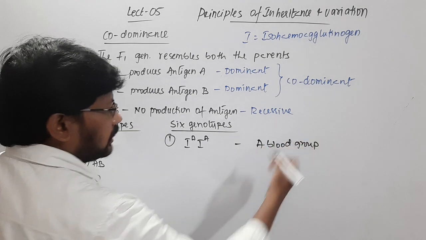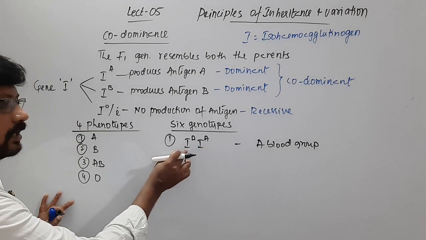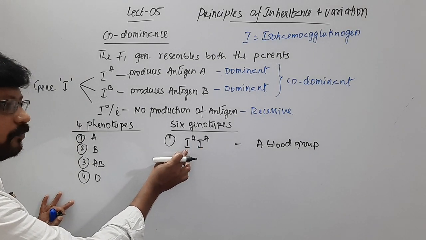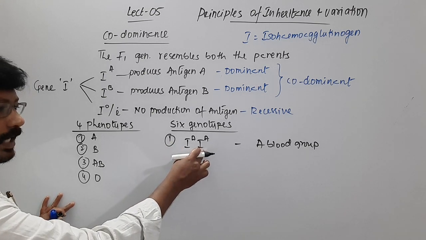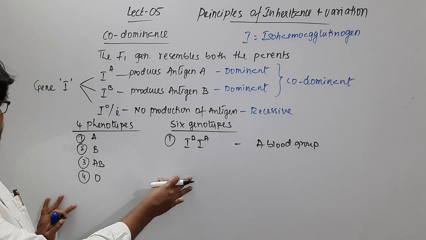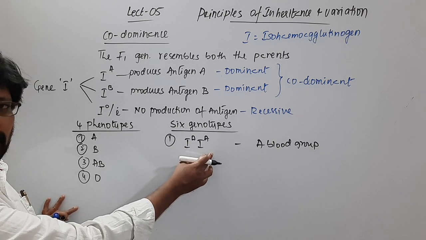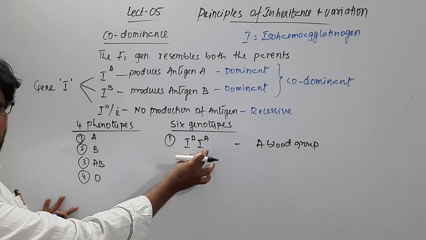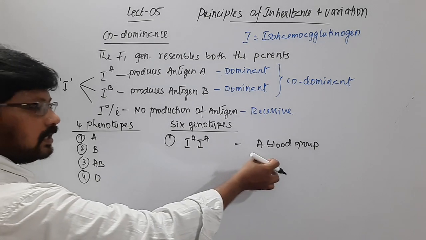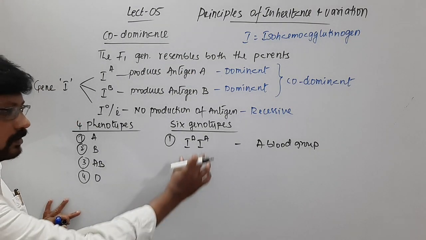We know that this IA has come from one parent, and the other IA has come from the other parent. Say suppose this has come from the male parent and this from the female parent, one from the father and one from the mother. Now the child's blood group will be A.